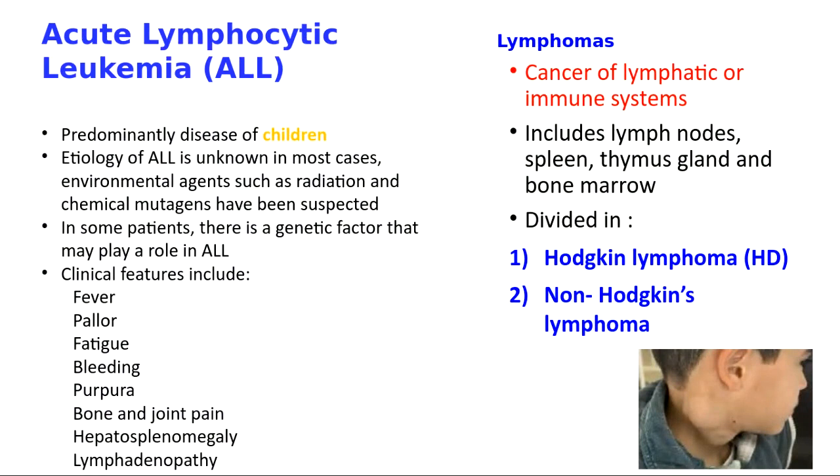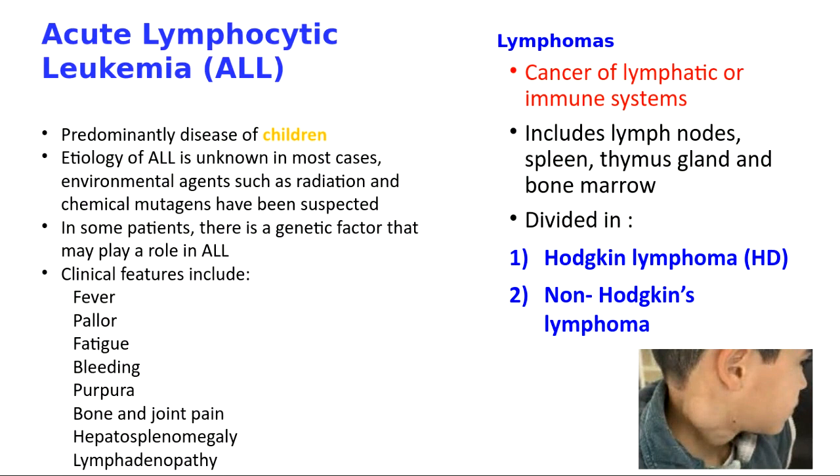So that is just some characteristics. There's more information to be gathered about this, but just remember, one of the most common childhood leukemias is acute lymphocytic leukemia.